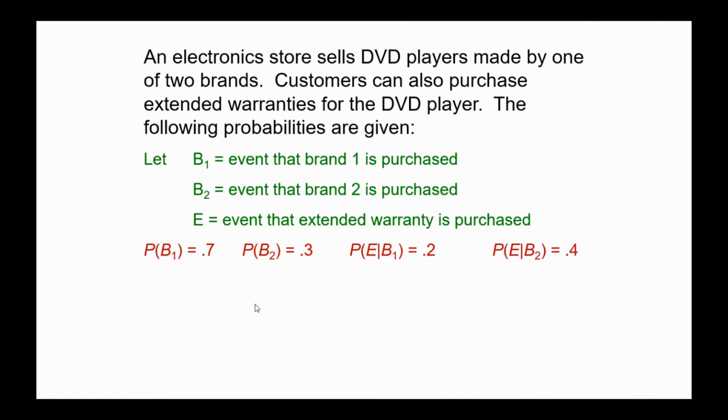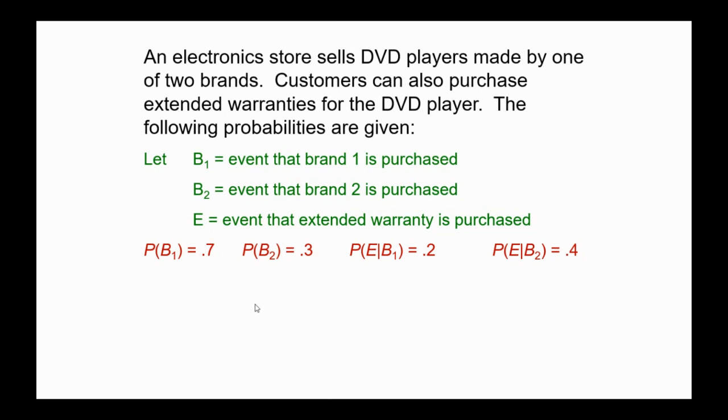Okay, so now we have an electronic store that sells DVD players made by one of 2 brands. Customers can also purchase extended warranties for the DVD player. The following probabilities are given.